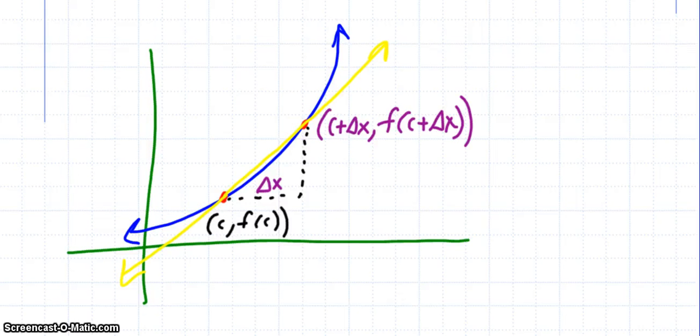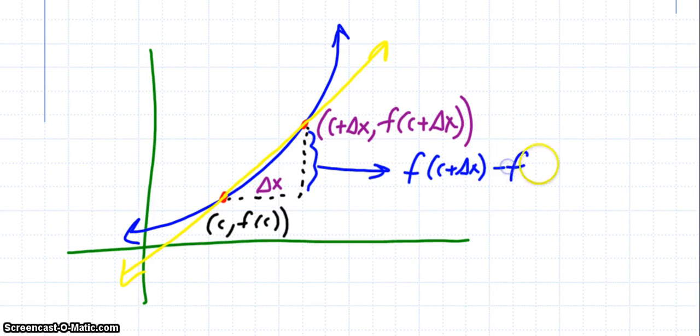Now I know this segment is f of C plus delta x minus f of C, or I could call that delta y.